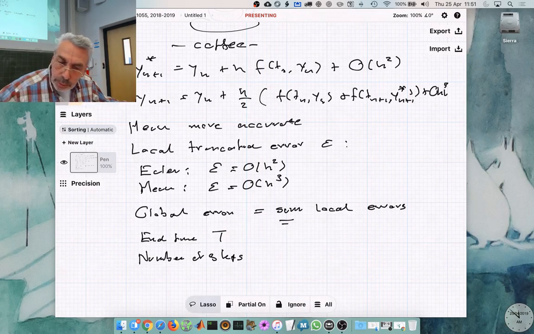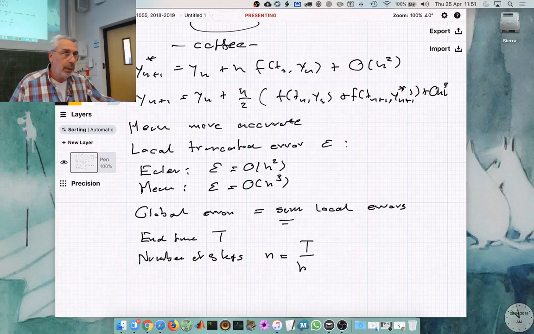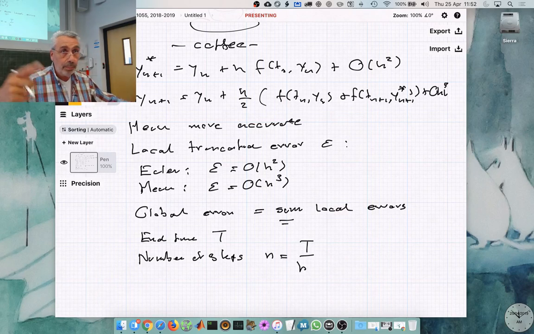So number of steps n equals T divided by this step size h. Meaning that it's all very nice to take smaller steps, but then you have to take more steps. So you add up more errors. So it looks as if things are getting worse.